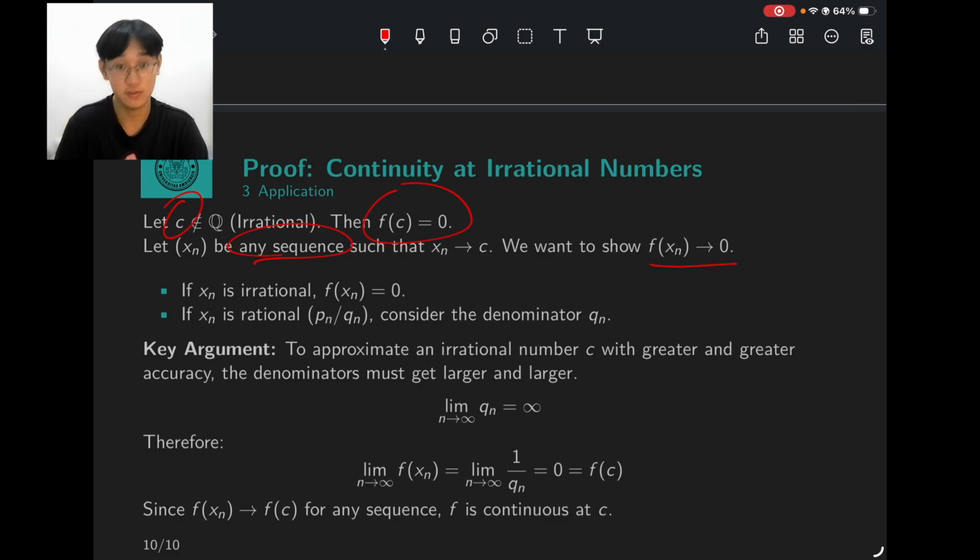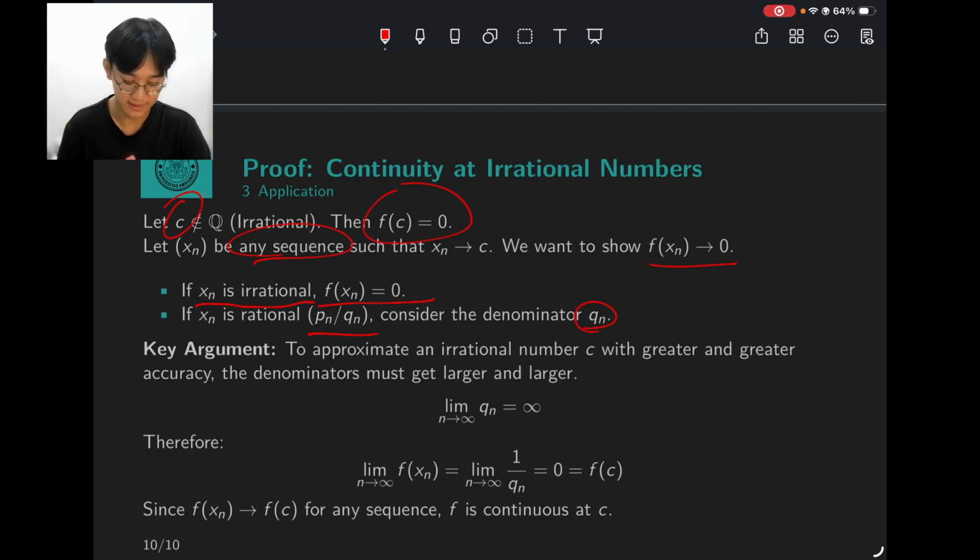There are only two types of numbers in the sequence: one is rational, one is irrational. If xn is irrational, by the definition f(xn) will be 0. But what if xn is rational? So let's define, for example, pn over qn, with denominator qn.